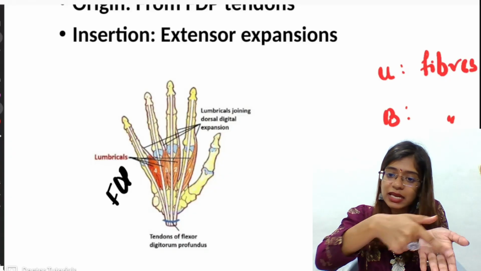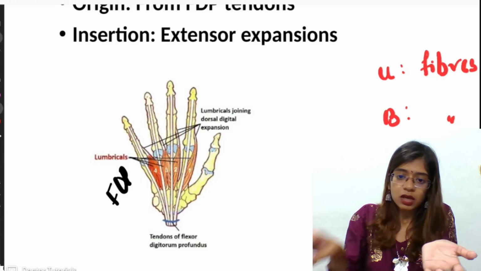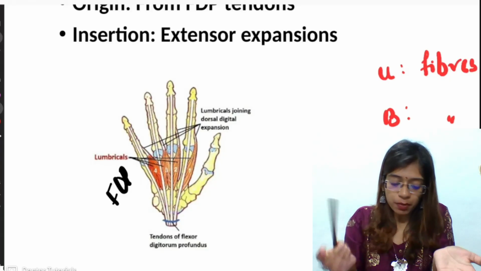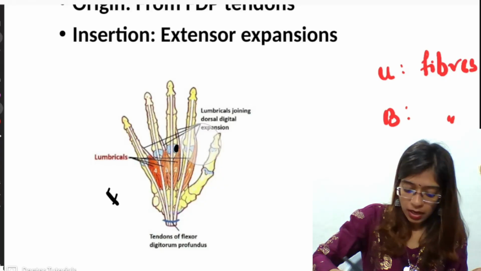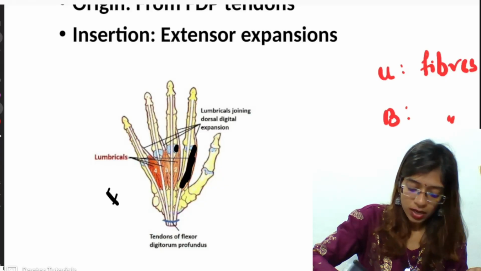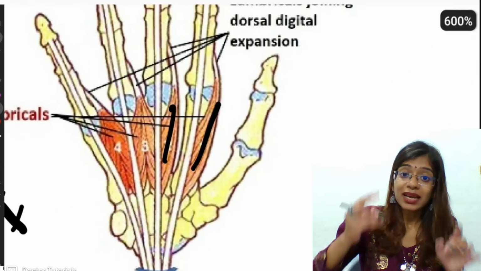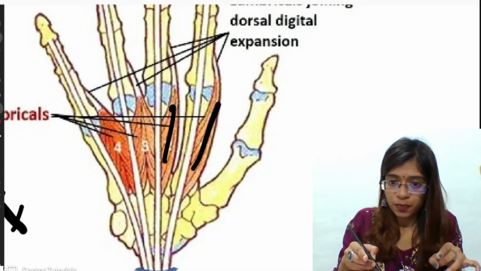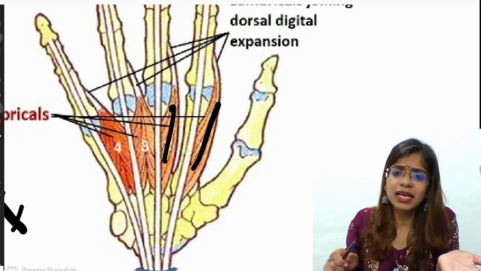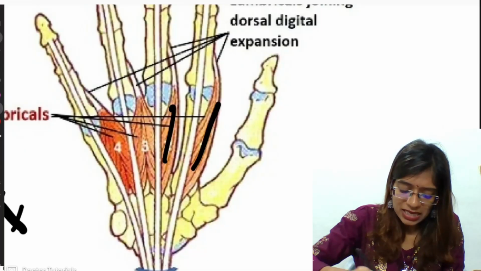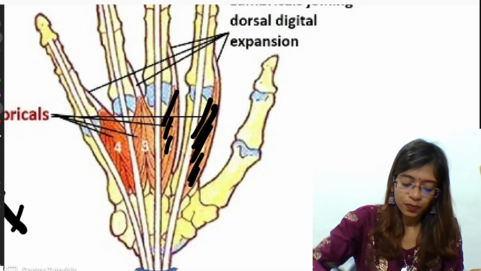This is how we mark fingers anatomically. So the lumbrical next to the thumb, this one and this one, we call the first lumbrical and the second lumbrical. They are unipennate. Unipennate means the muscle fibers arise from one side of the tendon.